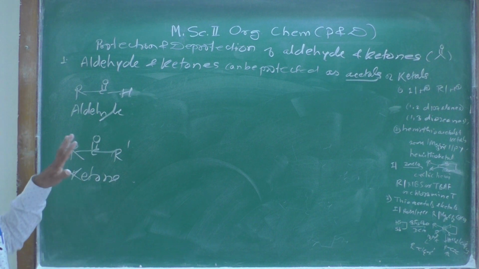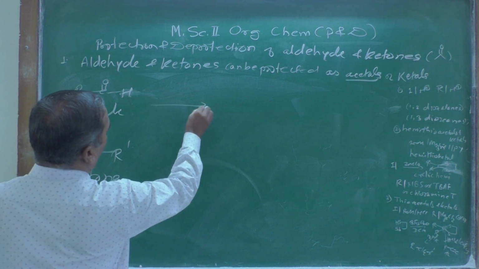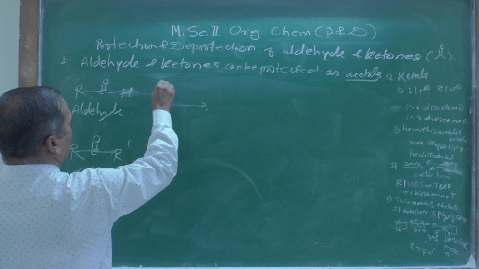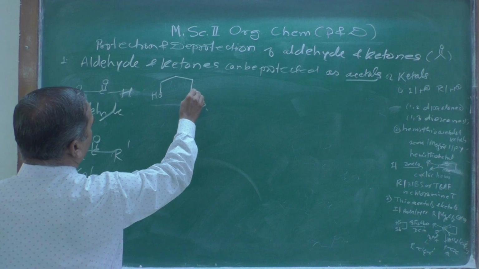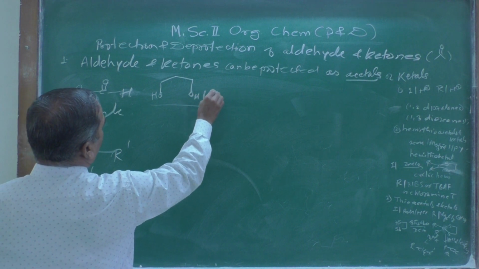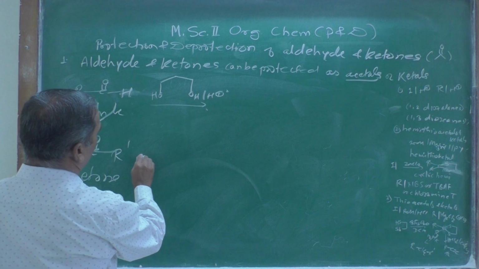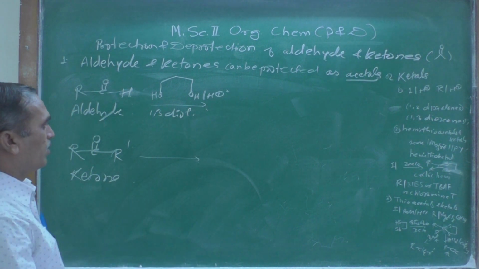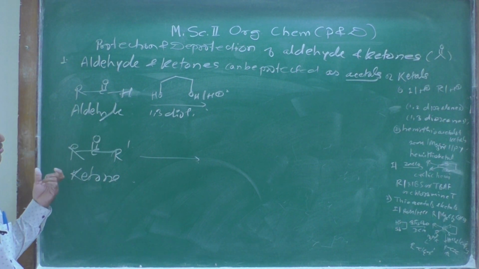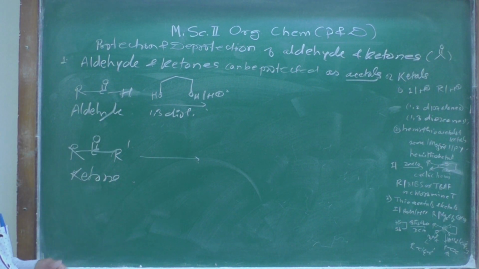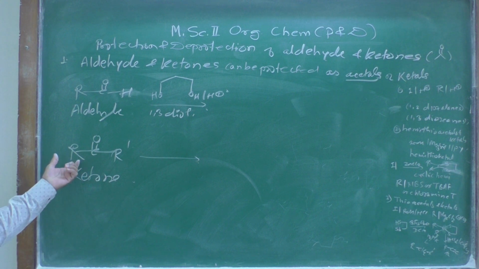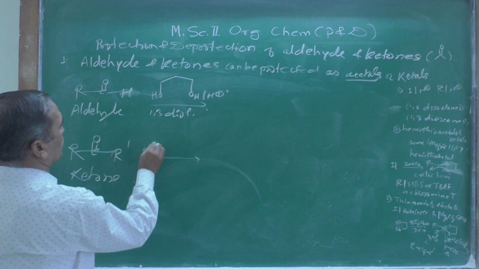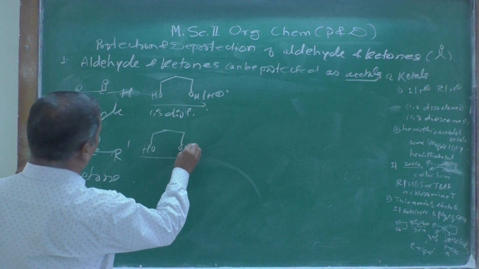Just now we have seen 1,2-diol, or instead of 1,2-diol, we can use 1,3-diol as well. This one, OH, in presence of H plus. Similarly, here also, this is called a 1,3-diol, or 1,3-propane dihydroxy, HO, then this one OH.